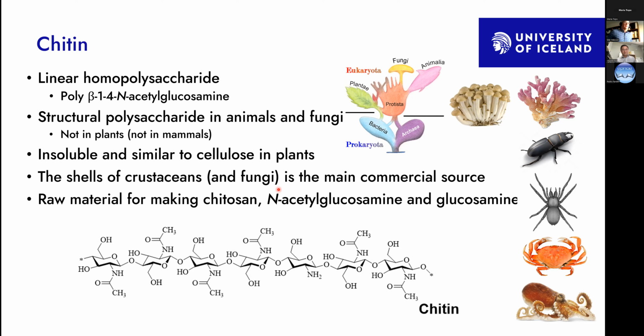So chitin has rather limited use, but it's mainly used as a raw material for making chitosan, which I'm going to talk about, and also glucosamine and acetylglucosamine, which are commonly sold as nutraceuticals.